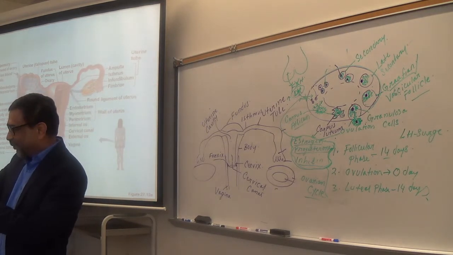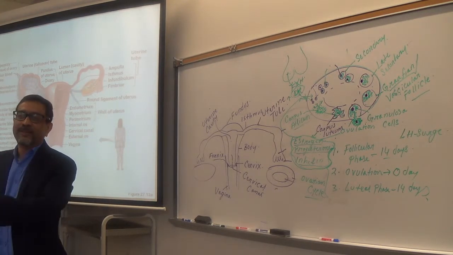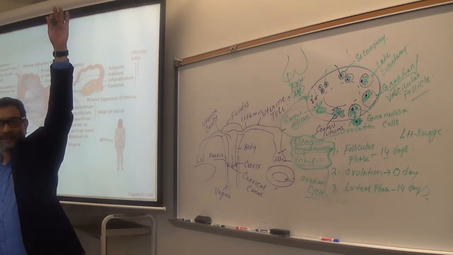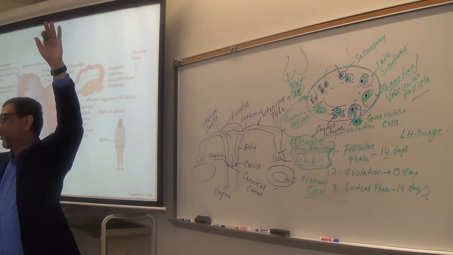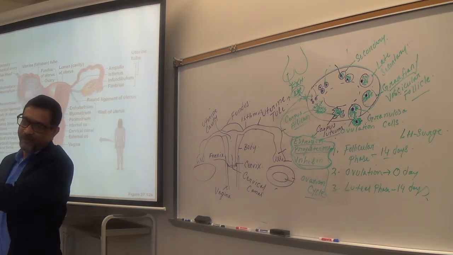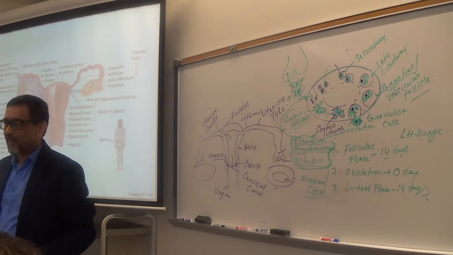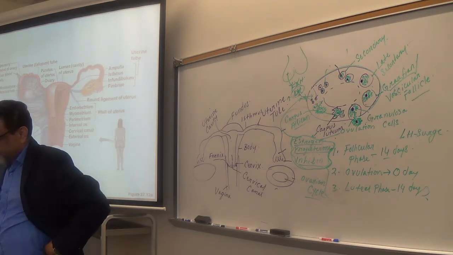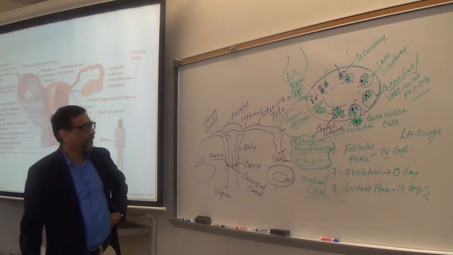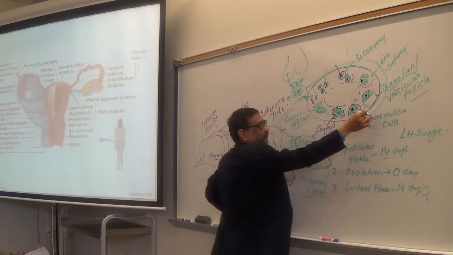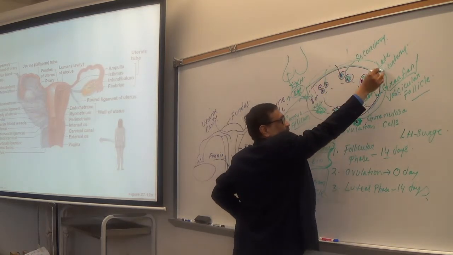Corpus luteum will be formed, will release estrogen progesterone. They will inhibit FSH, LH. Ovulation will be stopped, paused for a while, right? As long as those hormones are there. Is it clear? Okay. That's why, how long this time? 14 days, right?